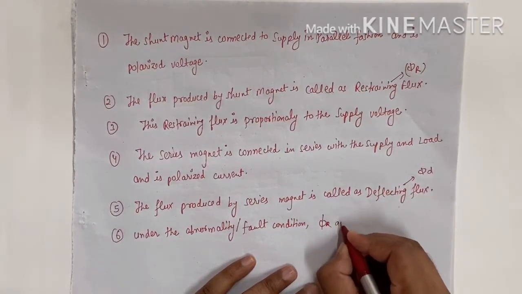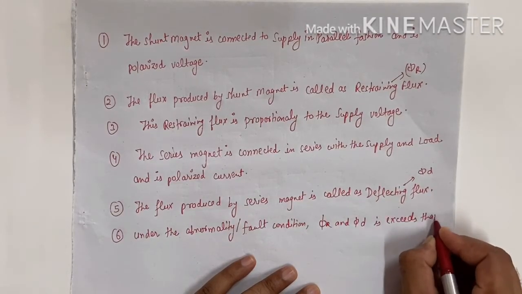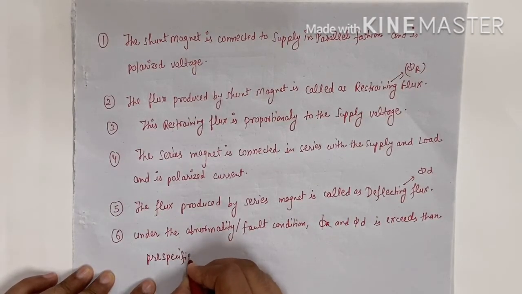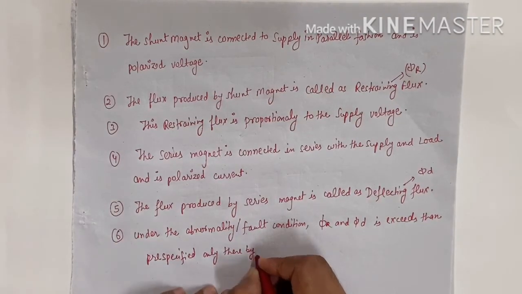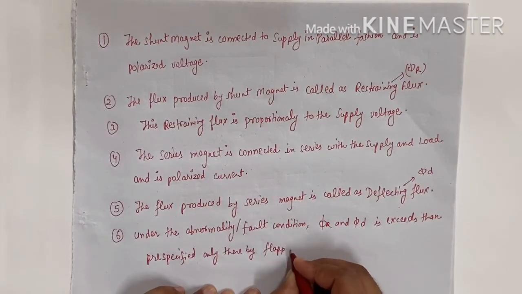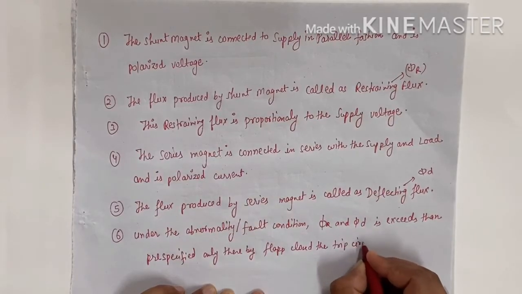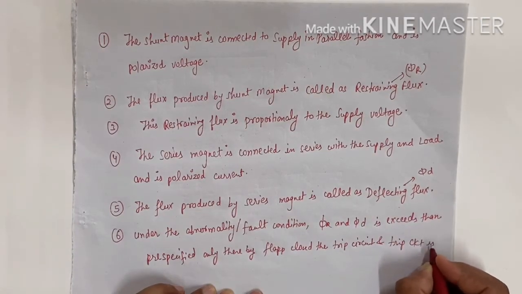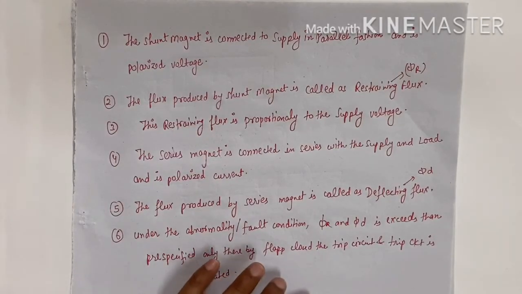So phi r and phi d exceed the pre-specified value, thereby the flap closes the trip circuit and the trip circuit is activated. So in this fashion the induction disc type relay works.